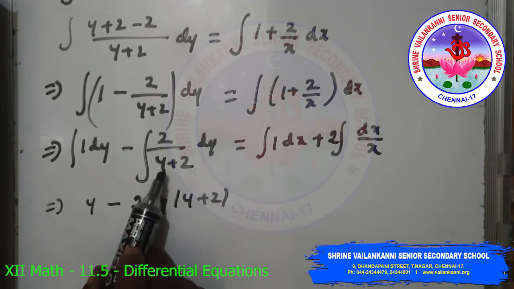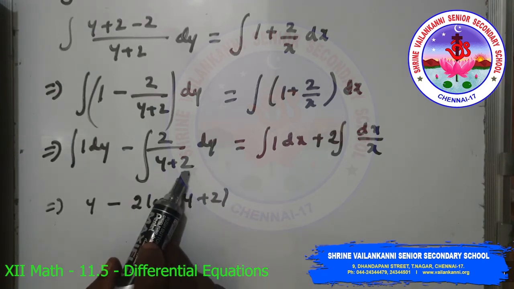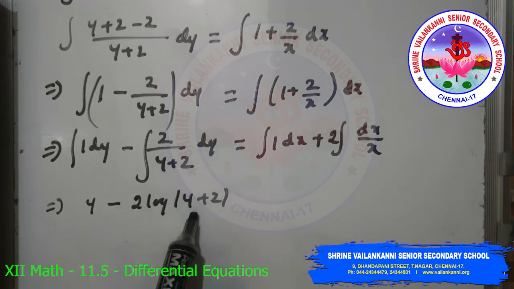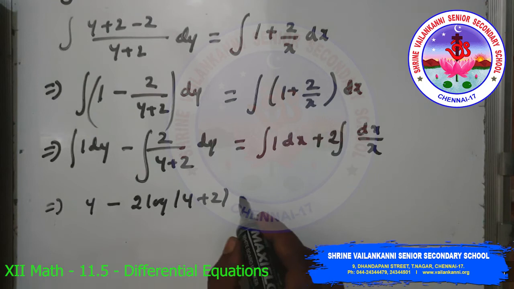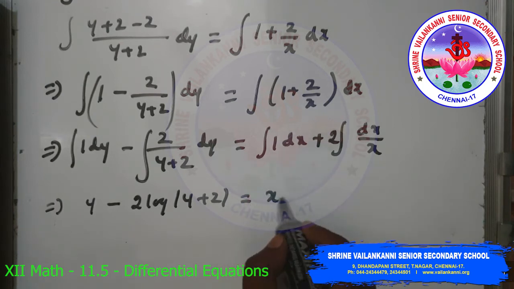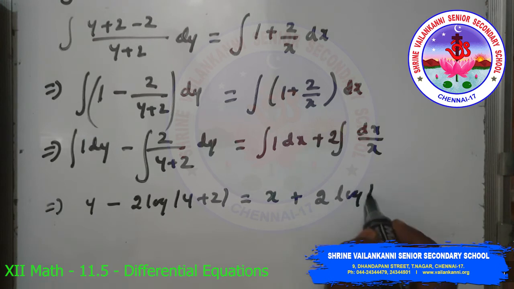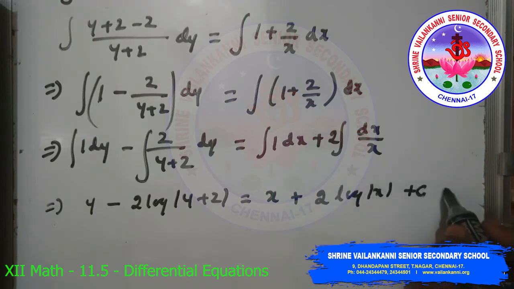So using substitution method, y plus 2 is t. Differentiating this we get dy. So 2 into log of y plus 2, which is equal to integral of dx is x plus 2 into integral of dx by x is log x. So log x plus c. So we can take this equation as 1.